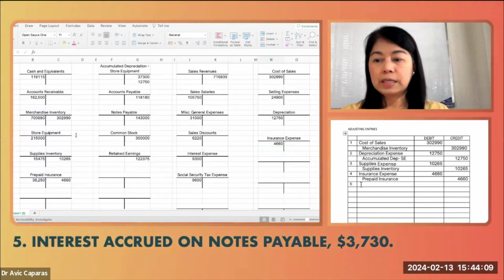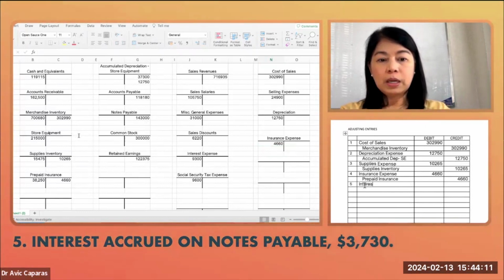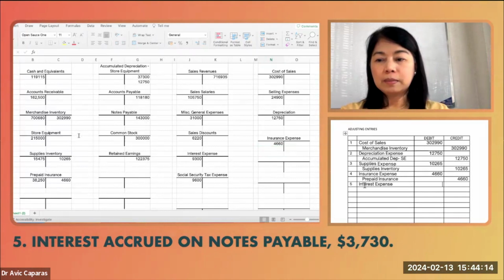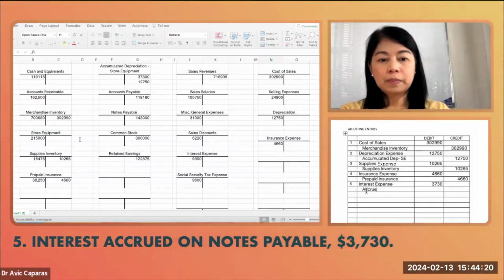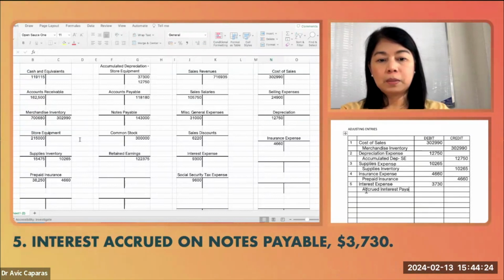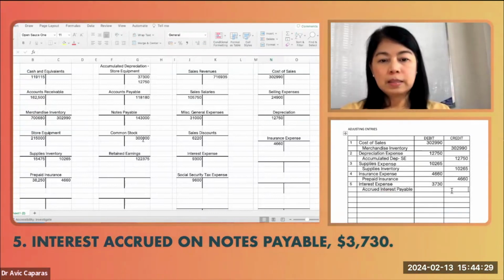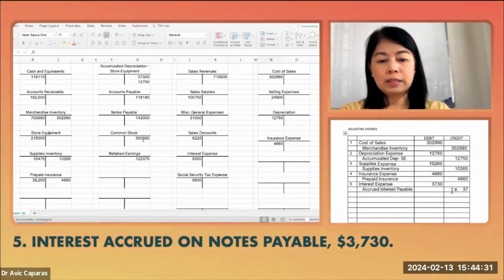So the entry would be number 5. We are recognizing interest expense of 3,730 and accrued interest payable 3,730.